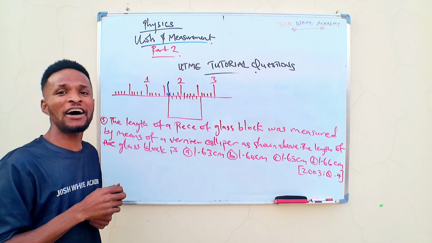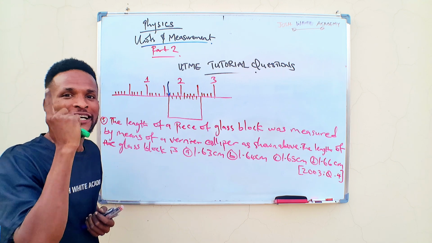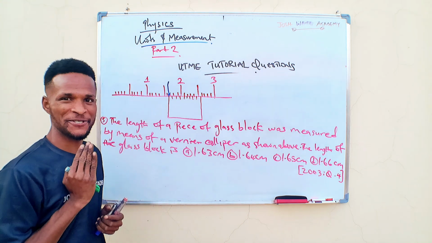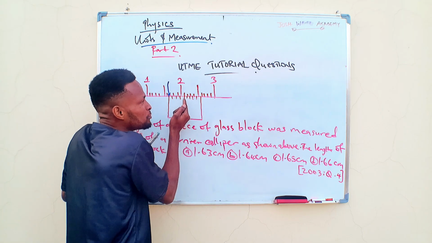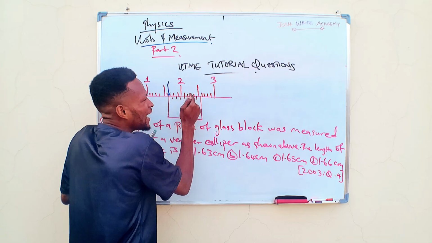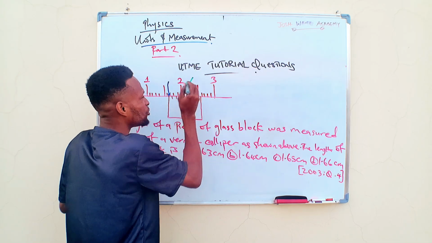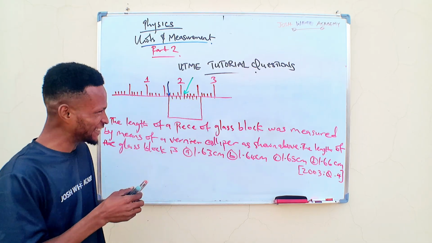Secondly, identify the point of coincidence between both scales. If you notice, there is a coincidence between the Vernier scale and the main scale reading at this junction. So let's take our reading now.